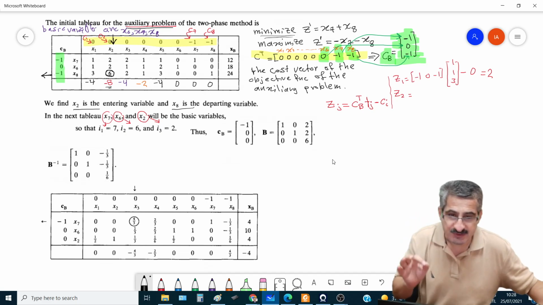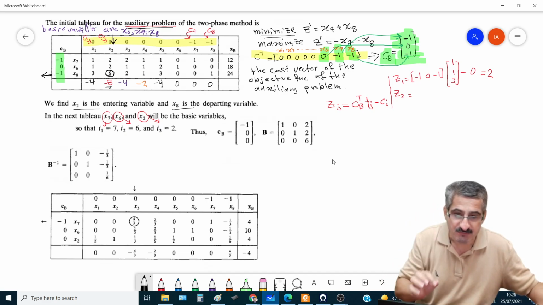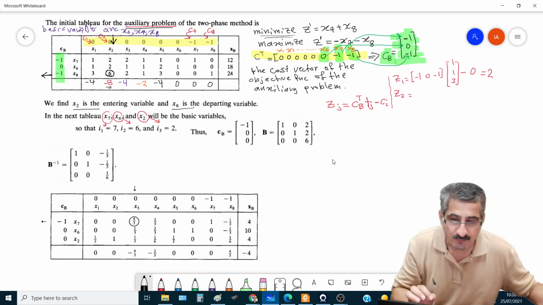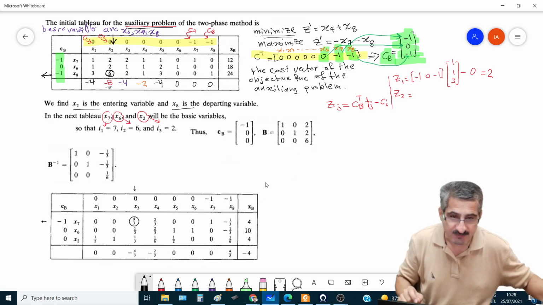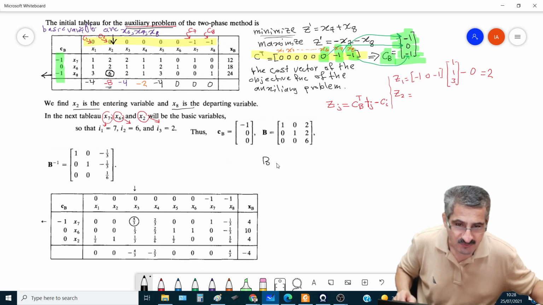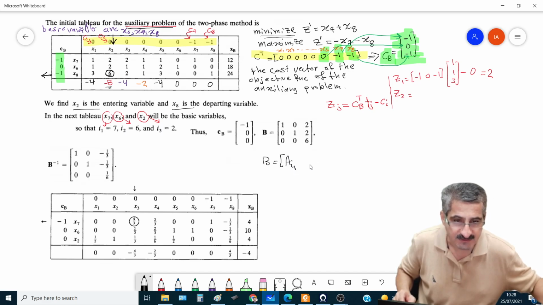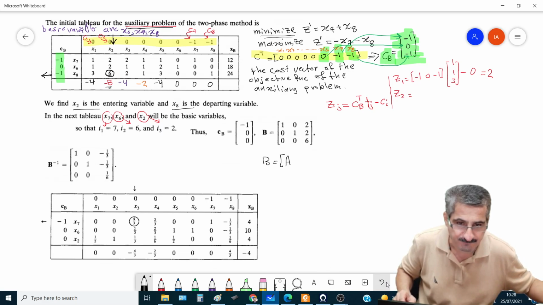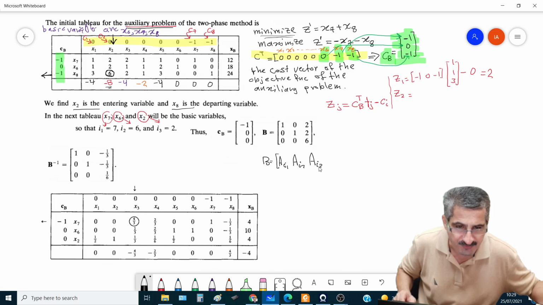What we do with these new basic variables, we use them to form the matrix B. Remember, the matrix B consists of the column of I1 and then the column of I2. Let me write them this way. The column of I1, then the column of I2, and then the column of I3.